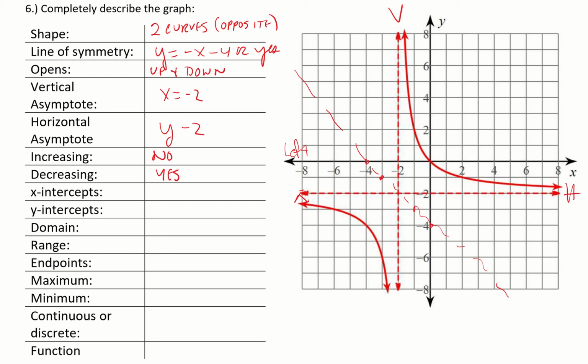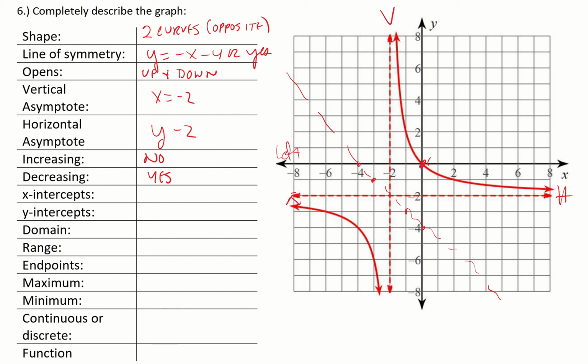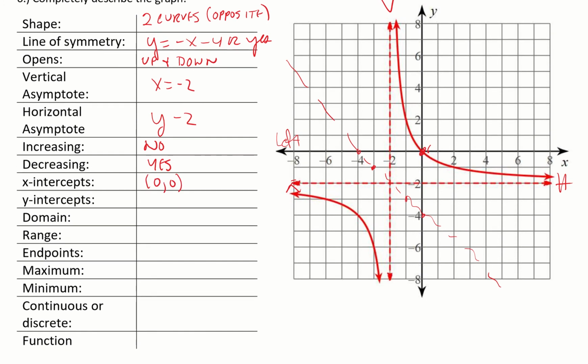Now the x-intercepts, so we cross the x-axis right here at 0, 0. And then our y-intercept is also 0, 0. That's convenient. The domain is going to be, now realize we go infinitely in this direction, infinitely in this direction, and the only value it can't be is negative 2.